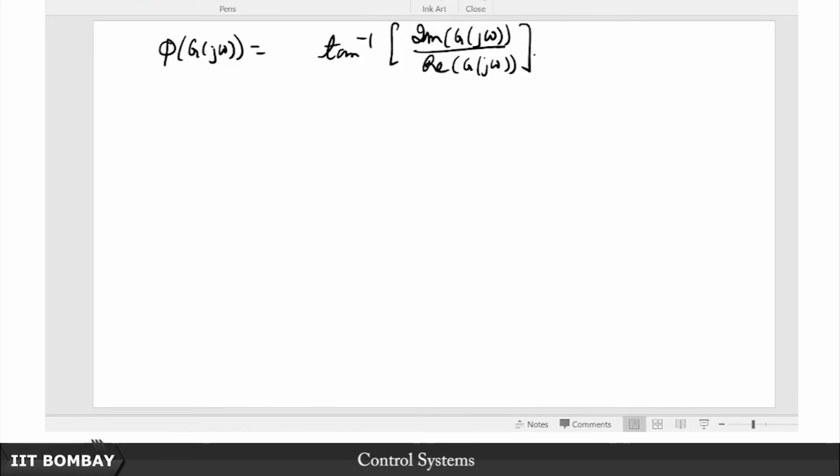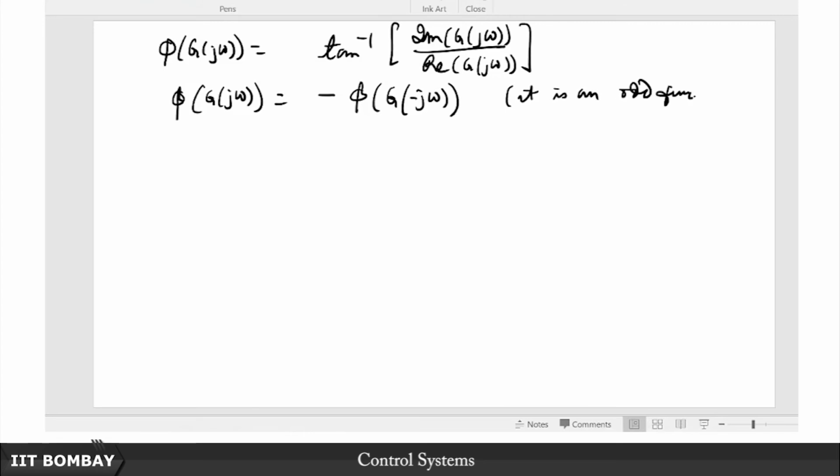Now note, there is nothing so special about this other than the fact that phi of g j omega is going to be minus of phi of g of minus j omega. So in other words, it is an odd function.